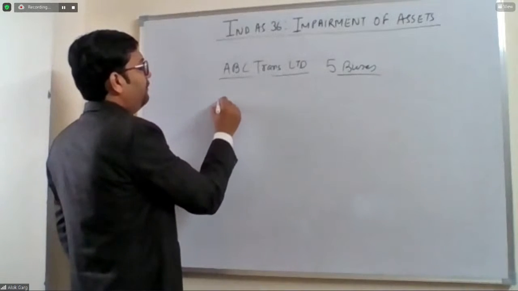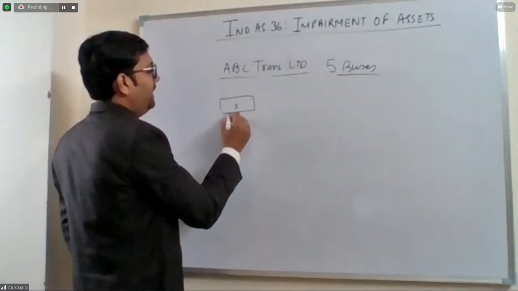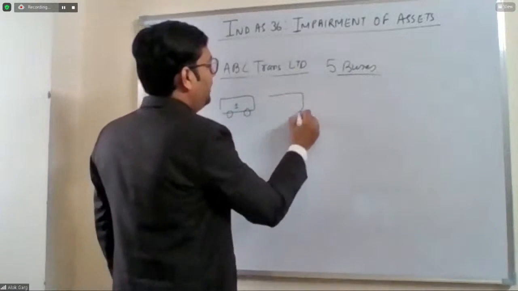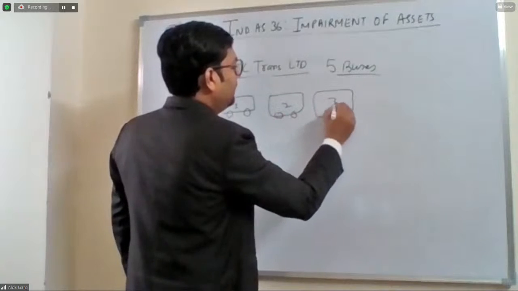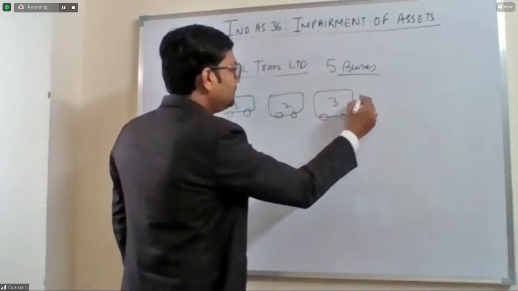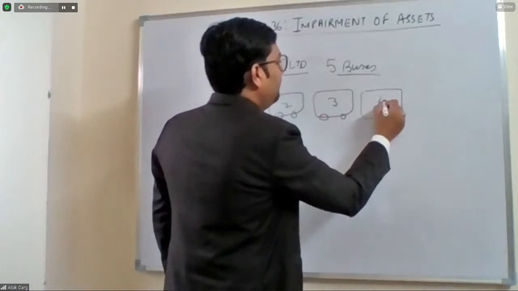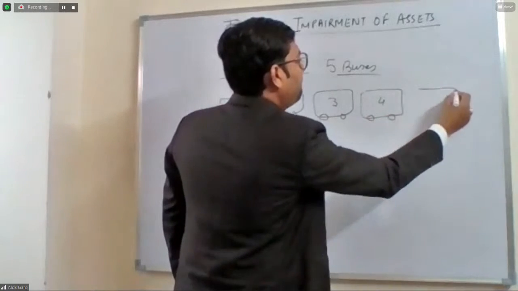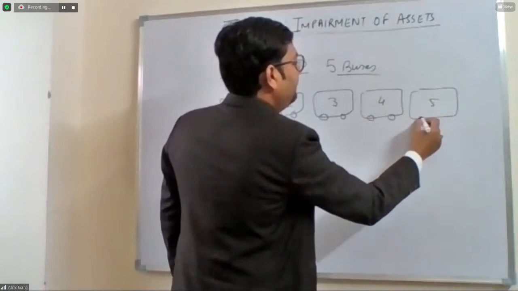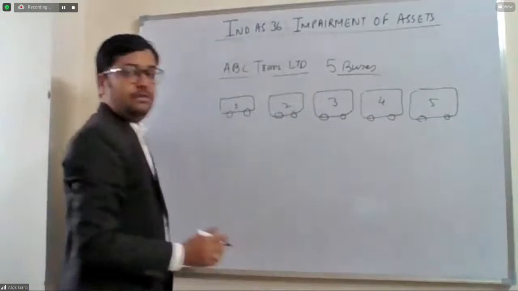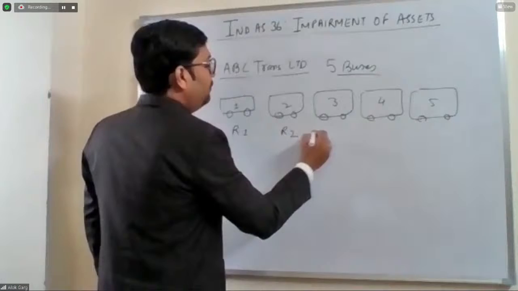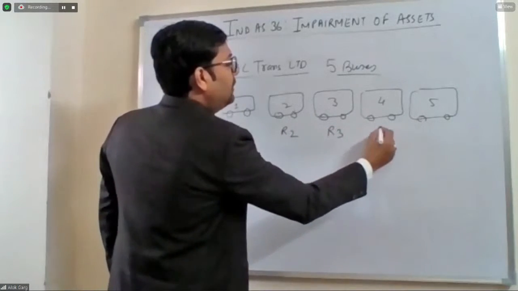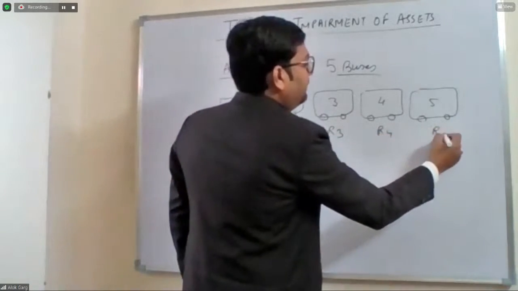So this is bus number 1, bus number 2, bus number 3, bus number 4, bus number 5. Okay, so this is route 1, R1, R2, route 2, route 3, route 4 and route 5.